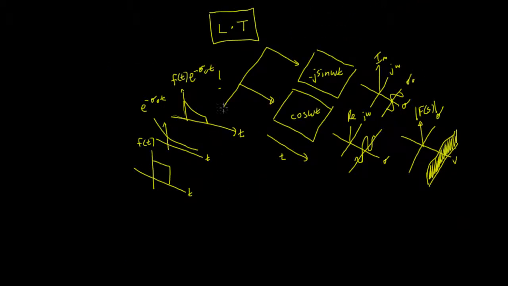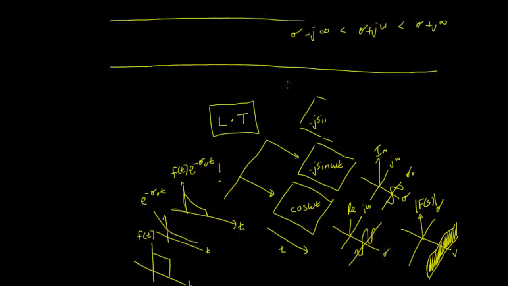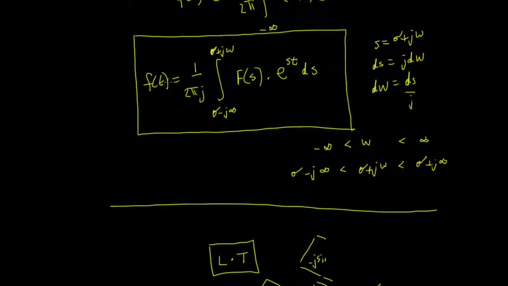Now in order to generate the inverse transform, our contention from the maths is that we can reconstitute this f of t from the f of s surface by just picking one value of sigma. Any value of sigma will do, and then running through this integration from the frequency minus infinity to plus infinity.